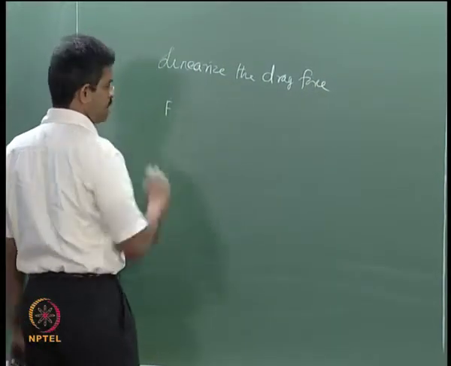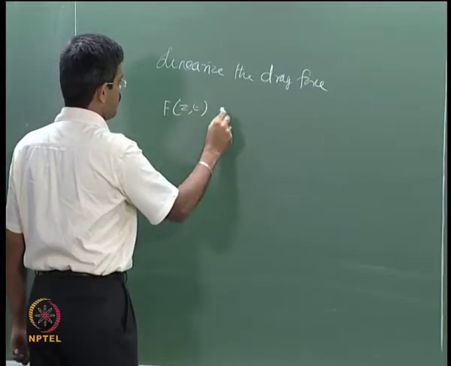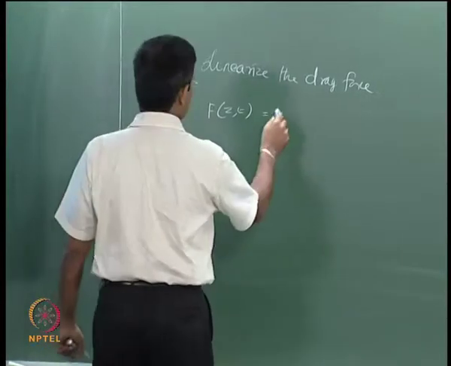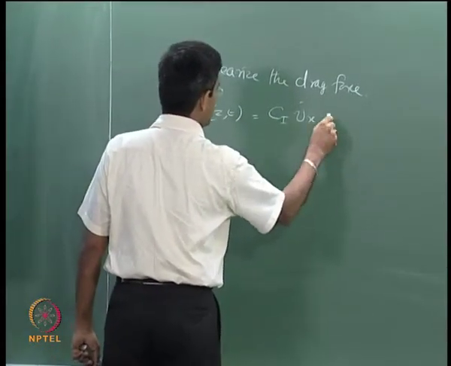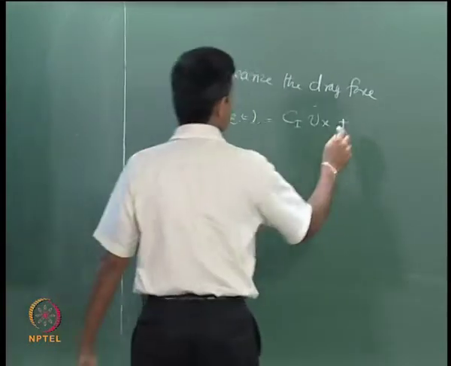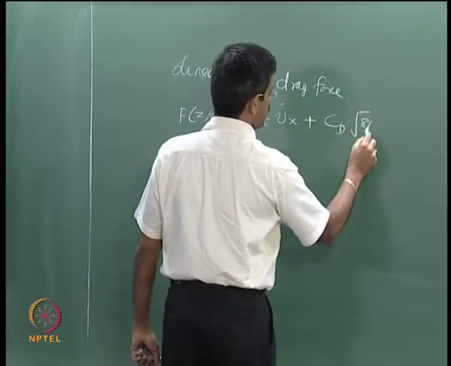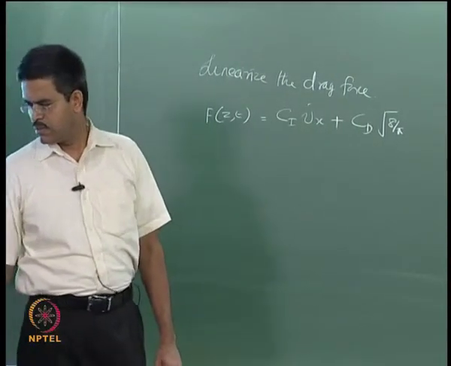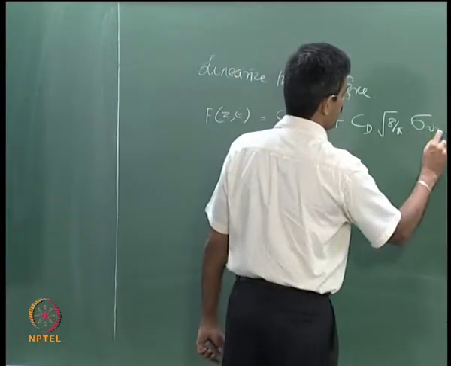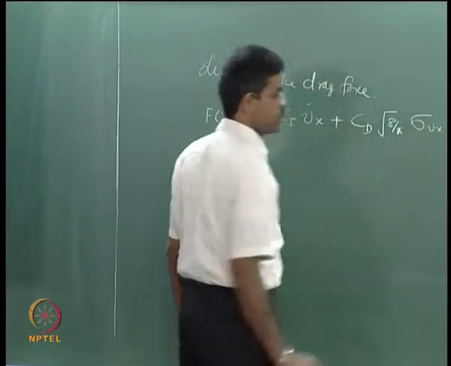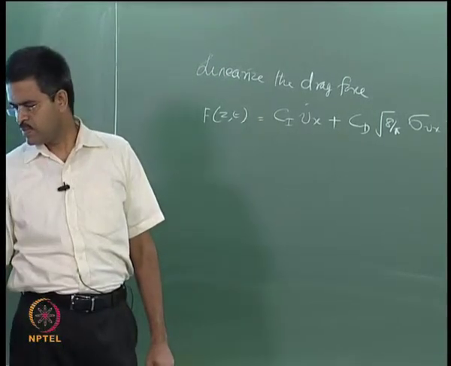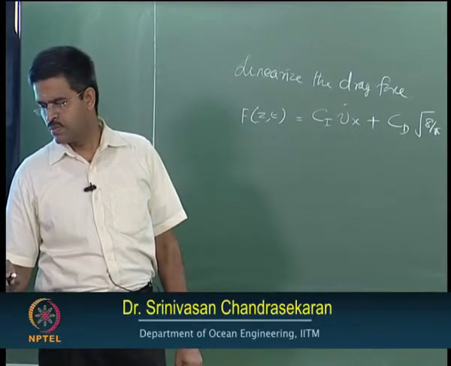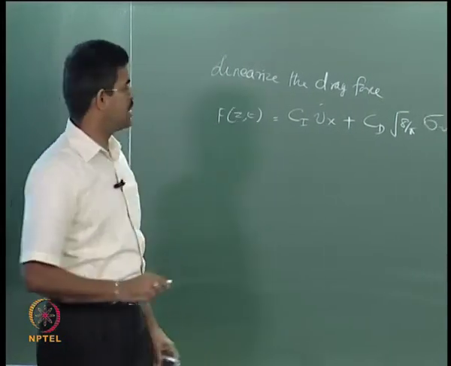We already said that the drag force after linearization can be given by Ci plus Cd root of 8 by pi sigma Vx and Vx, and Ca as components of Cm and Ca.